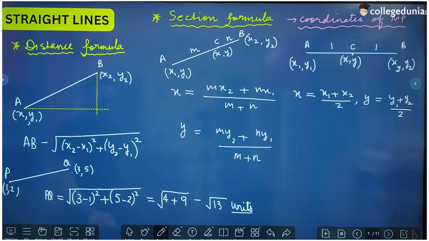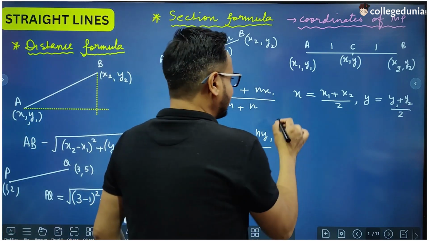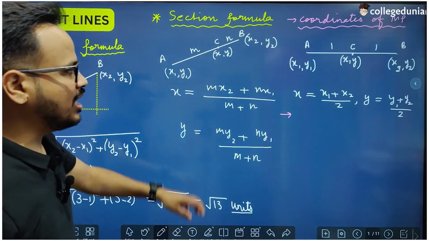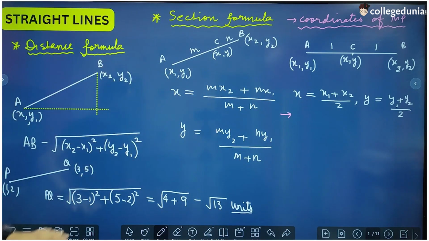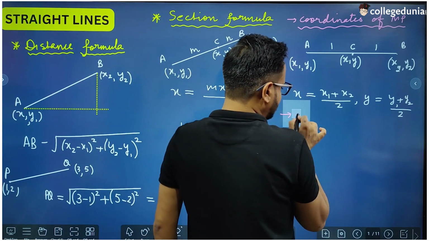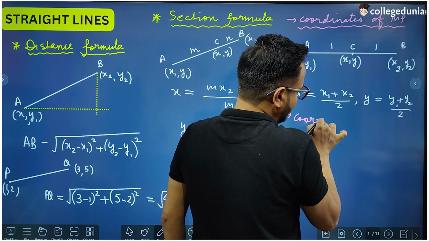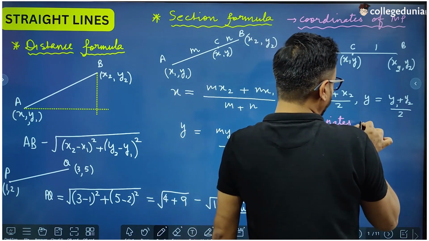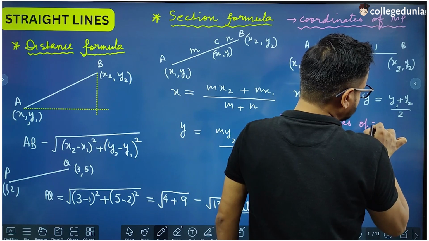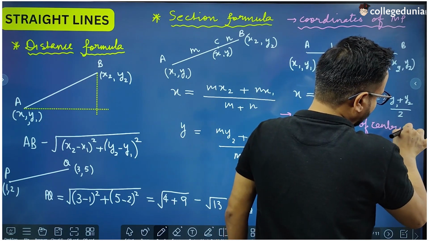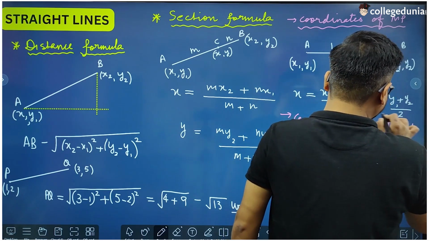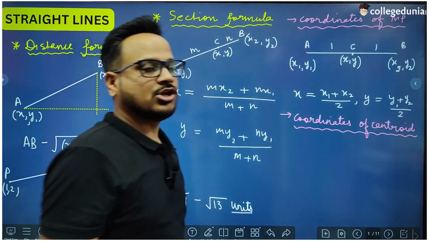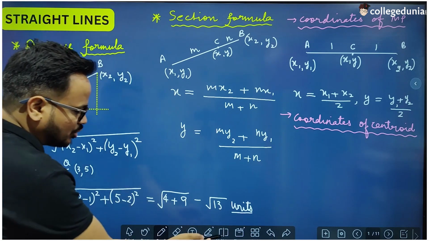Okay. And another important formula which can be derived from this formula is the coordinates of the centroid of a triangle. So what is the centroid?